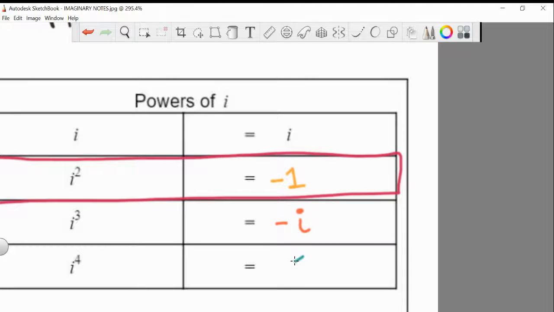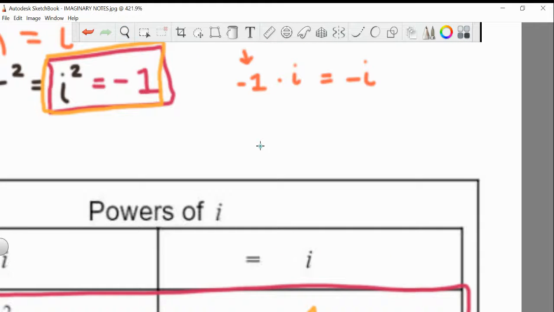And the way that this works is that if you have 4 i's multiplied together, that would be like if you had i squared times i squared. That's 4 i's right there. And if you have all 4 of these, that's like -1 times -1. And so all 4 of these is just a 1.